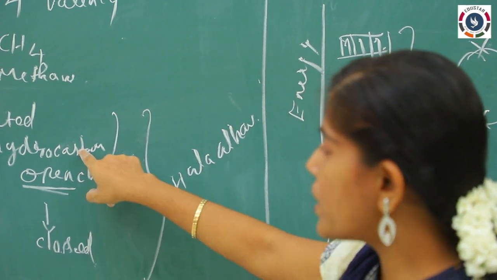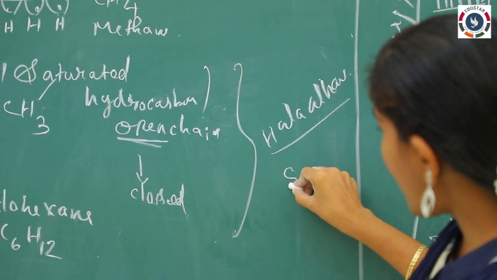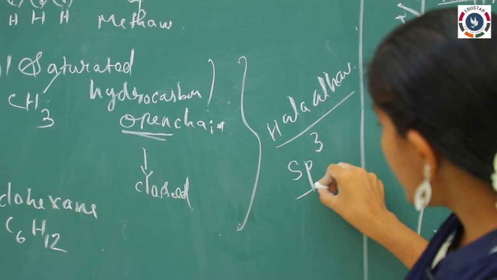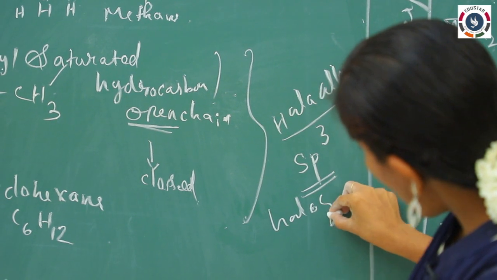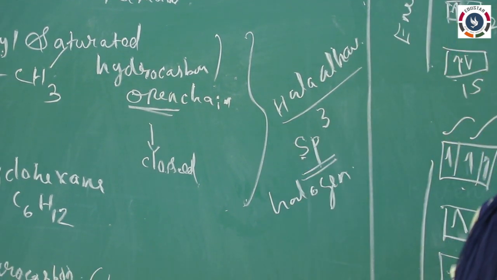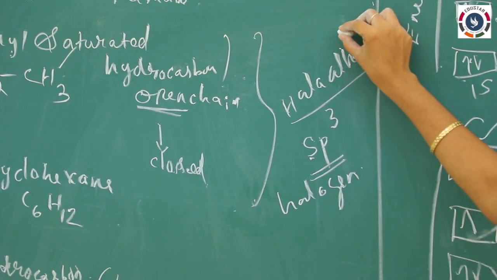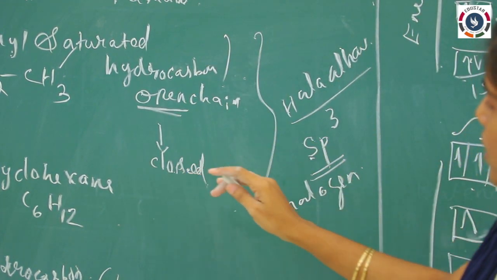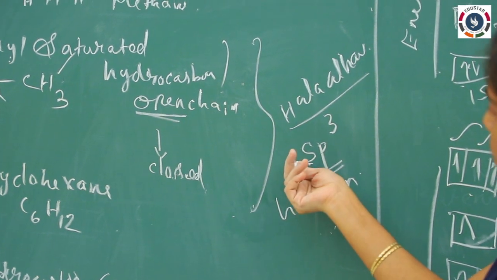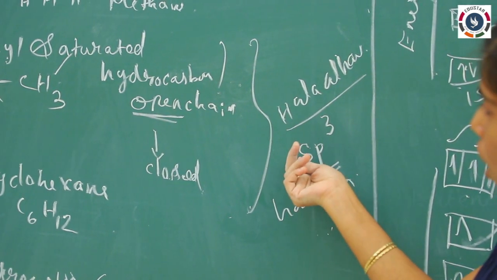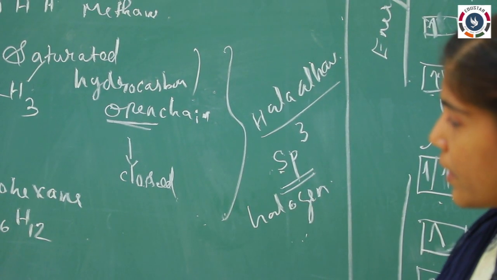So, open chain and closed chain hydrocarbons will have halogen attached to the sp3 hybridized carbon atoms. I am repeating it, the halogen gets attached to the sp3 hybridized carbon for open chain and closed chain carbon atoms. Is it clear?